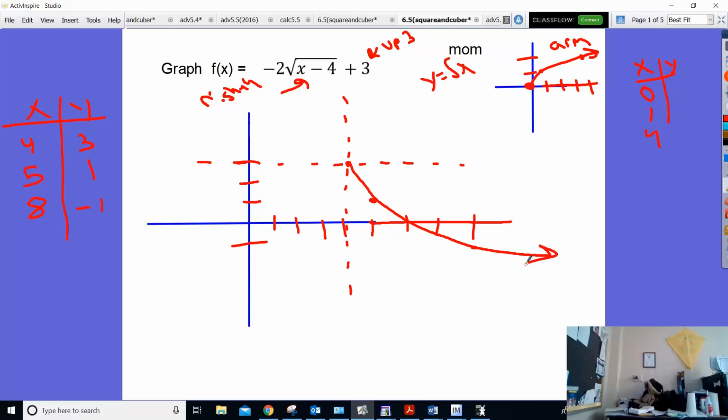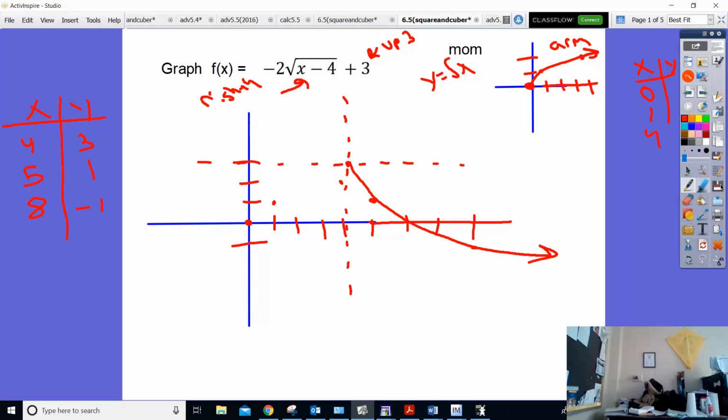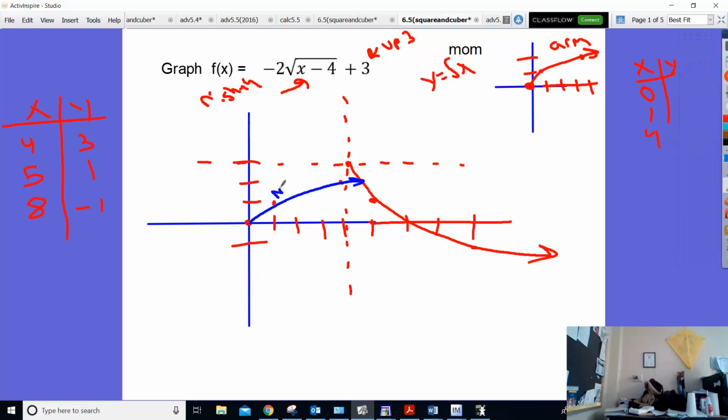I had to actually graph mom on the same thing. You see the child's quite a bit bigger than mom, isn't it?